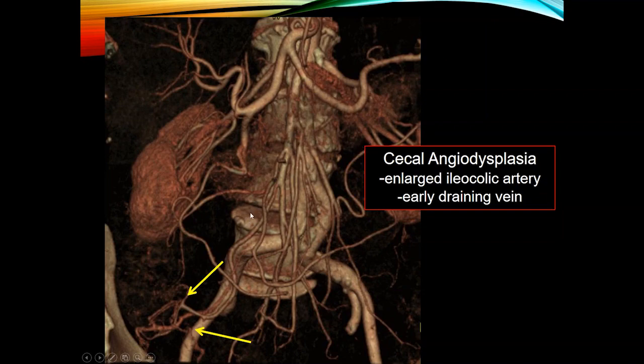Sometimes we incidentally see angiodysplasia in the cecum, or maybe a source of bleeding in a patient with acute GI bleed. You can see enlarged artery and fast filling, draining vein.